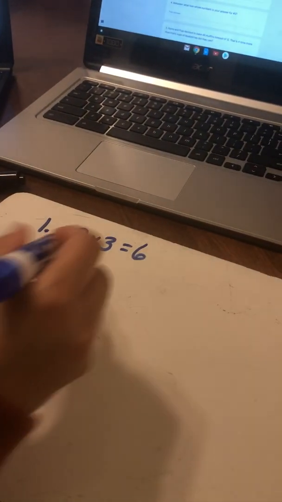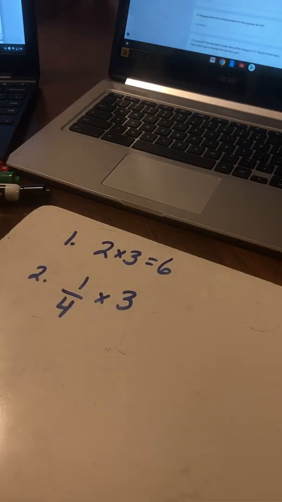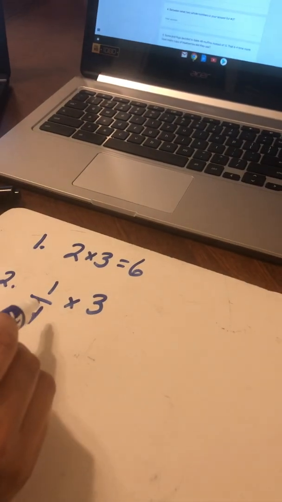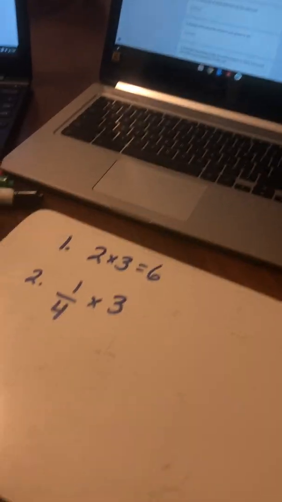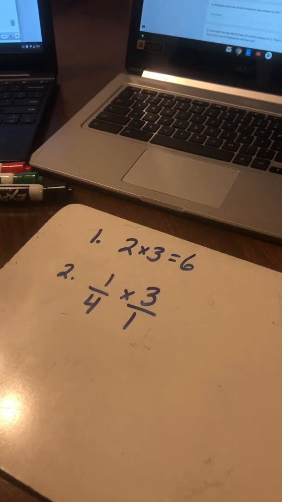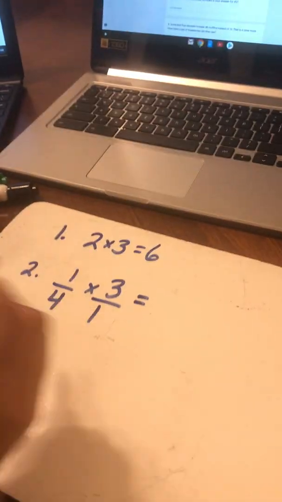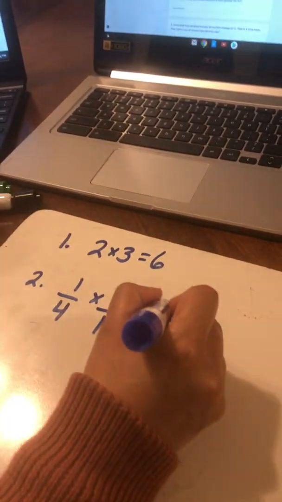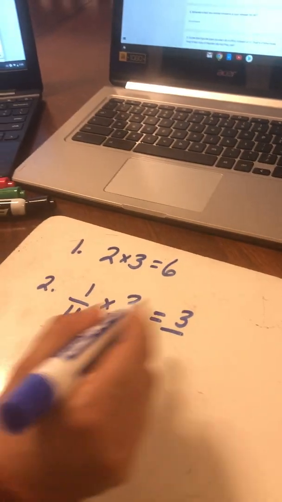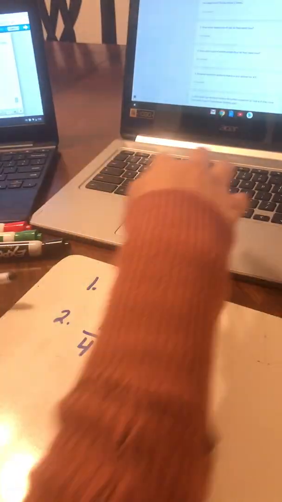And I'm gonna multiply by 3, again, because the girls wanna triple the recipe. Now, to multiply a fraction by a whole number, I write a 1 underneath the whole number. So now I have a numerator and denominator, and I just multiply across. 1 times 3 is 3, and 4 times 1 is 4. So my answer is 3/4.